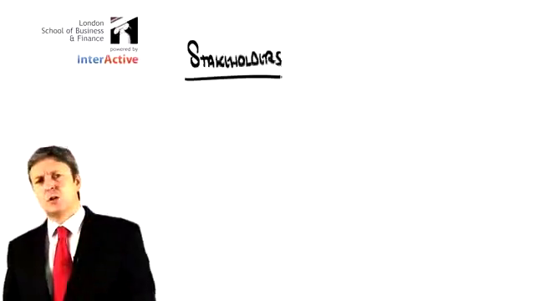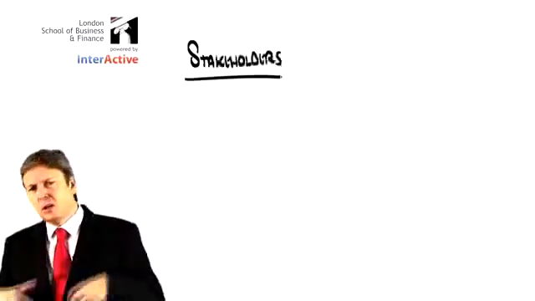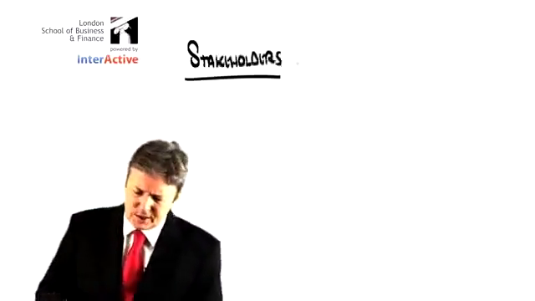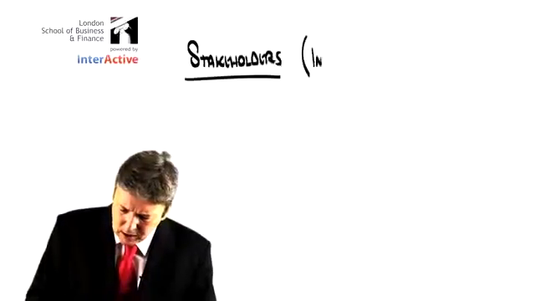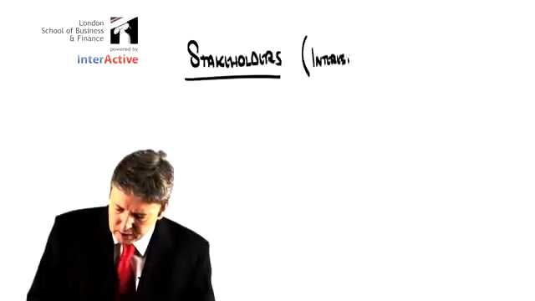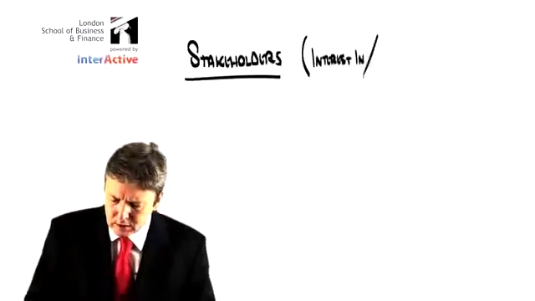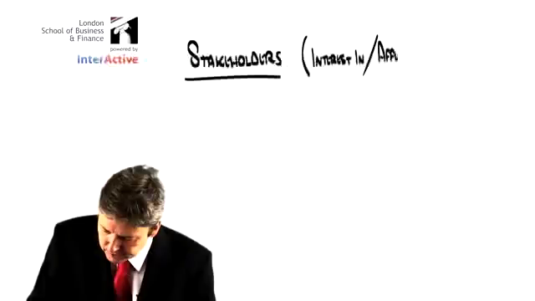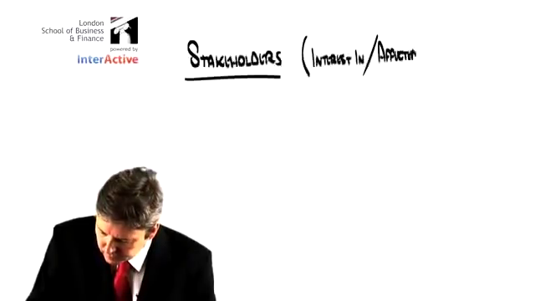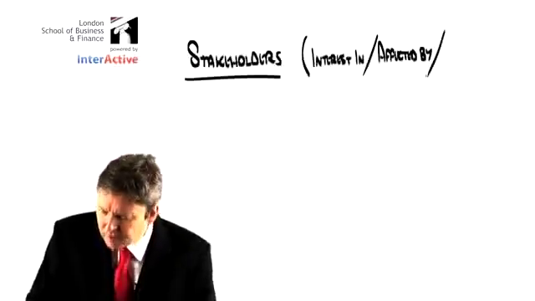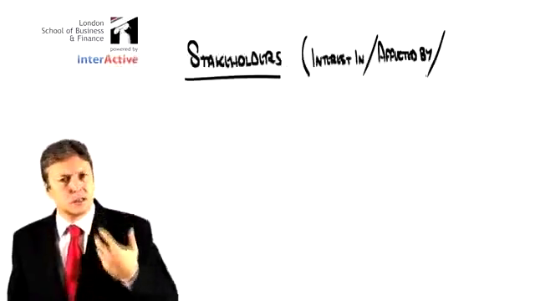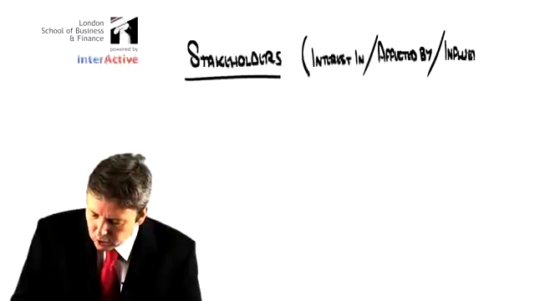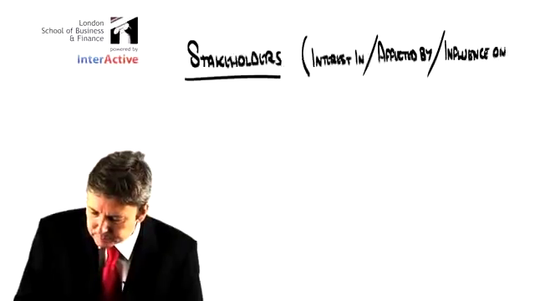So what is a stakeholder? I think a lot of us know examples of a stakeholder. What we could say is that a stakeholder has an interest in the business. They are maybe affected by the business. And very importantly, a stakeholder will have an influence on the business.